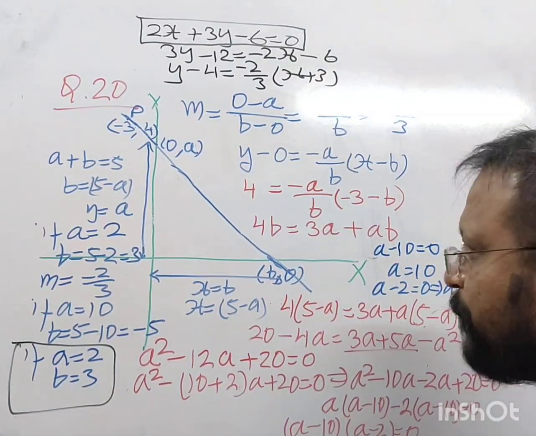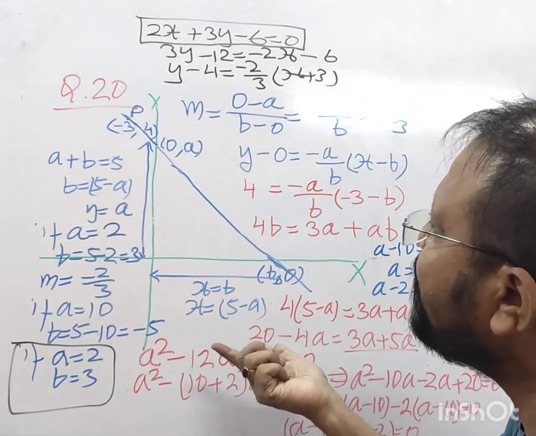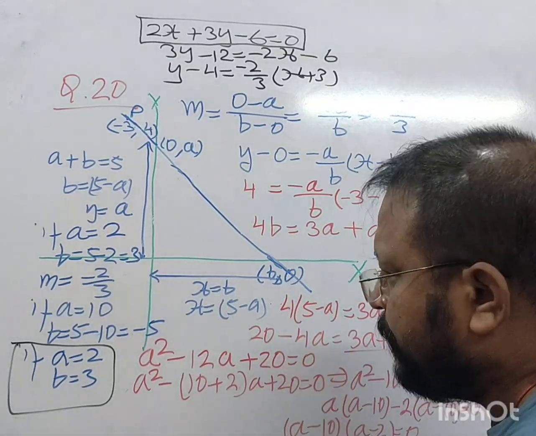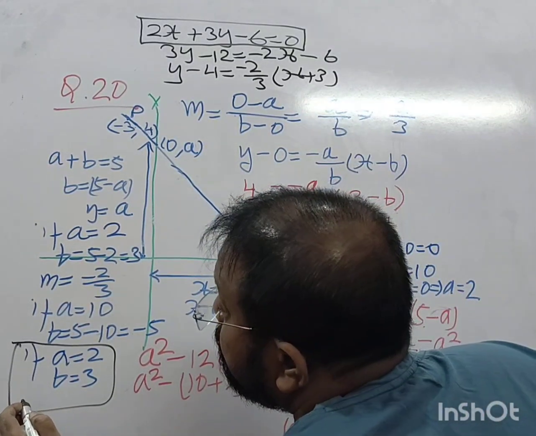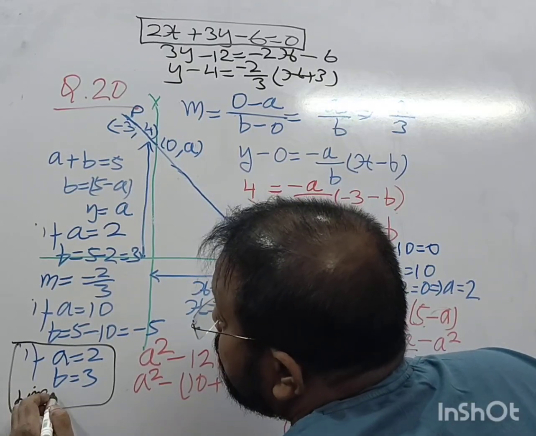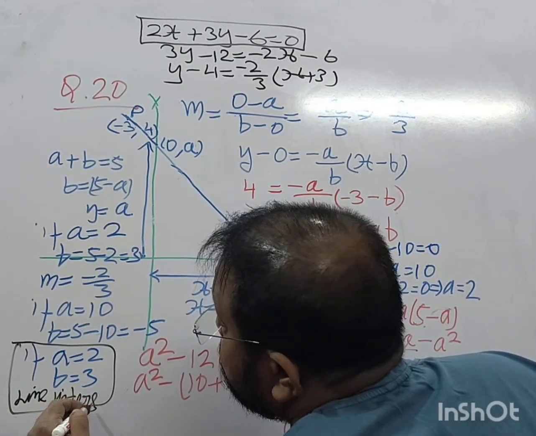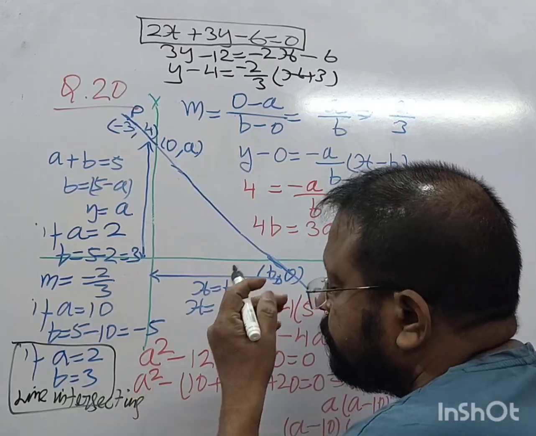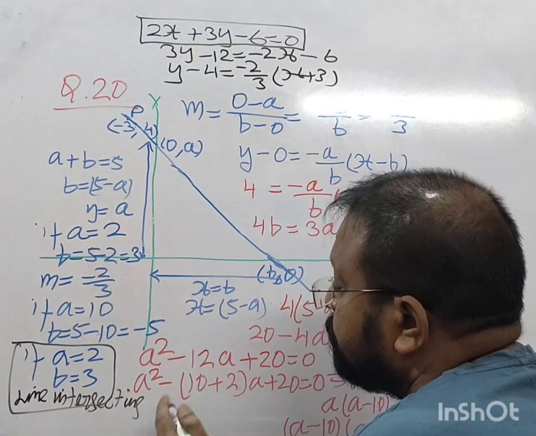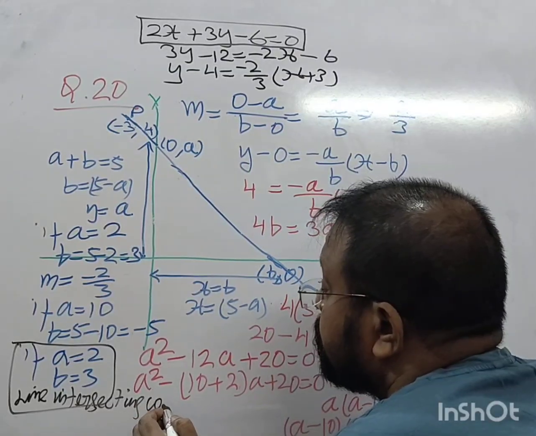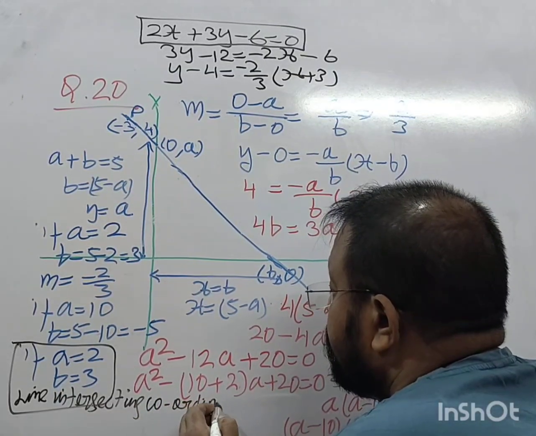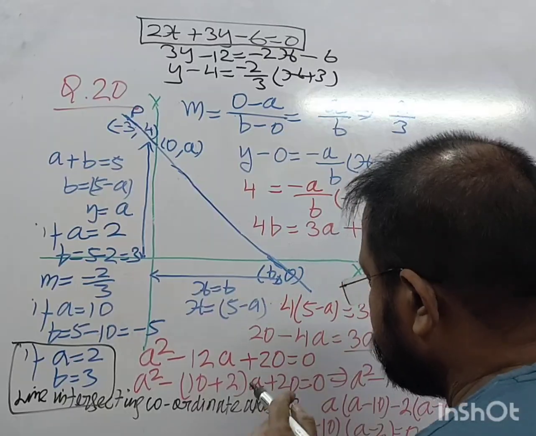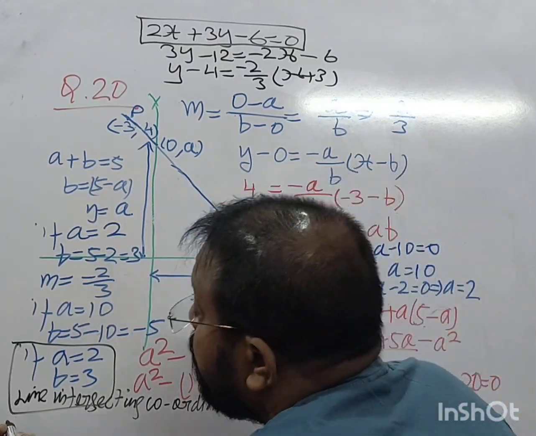Obviously they cannot be negative, B cannot be negative, because we are having the line intersecting the coordinate axes in the first quadrant, on the positive side.